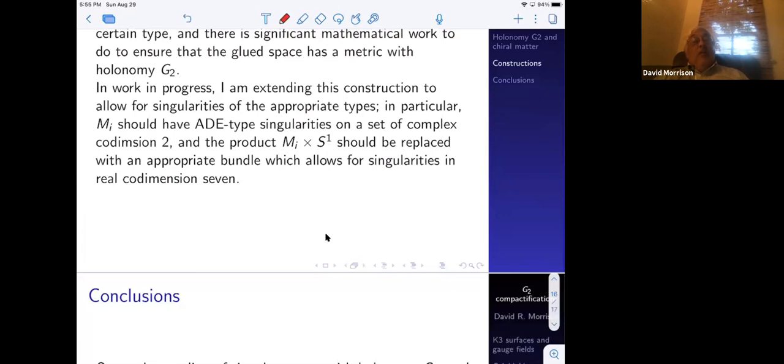And what I'm in the middle of doing to generalize that is to allow the K3 fibration to be generically singular. So I will allow A1 or A10 or something within the K3s, and it'll have some generic value as you go across. So I'm expecting to only shrink down the corresponding S2s, which would give me enhanced gauge symmetry.